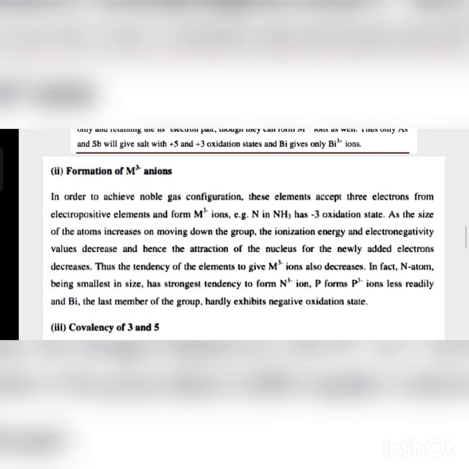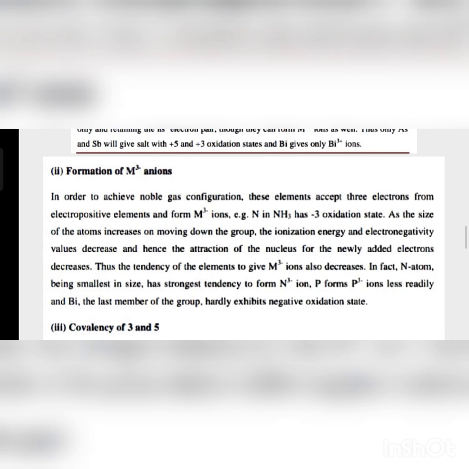As the size of the atom increases on moving down the group, the ionization energy and electronegativity values decrease, and hence the attraction of the nucleus for the newly added electron decreases. Thus, the tendency of the elements to form M3- ions also decreases.